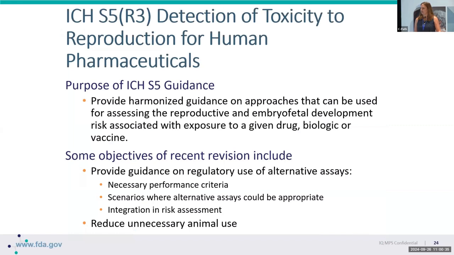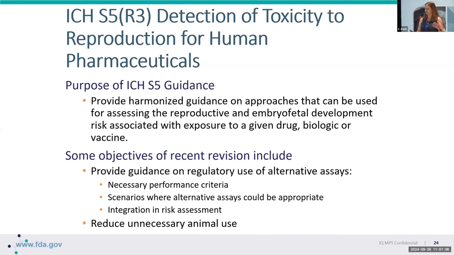Now we're going to talk about the ICH S5(R3) revision guidance from 2020, on the detection of toxicity to reproduction for human pharmaceuticals. What's interesting is that the R3 revision describes alternative approaches that could be used to assess embryo-fetal development risk for a drug, biologic, or vaccine.